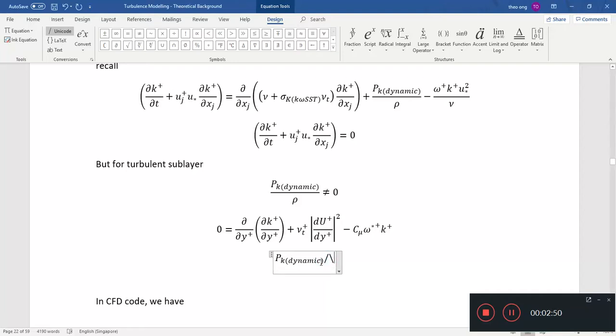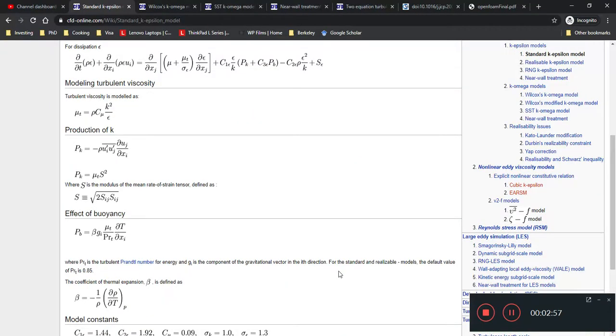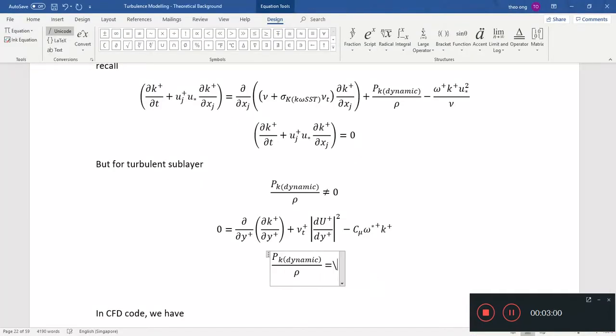So this Pk dynamic divided by the density will be equal to the Reynolds stress term, minus the bar of u_i u_j, and partial u partial y.